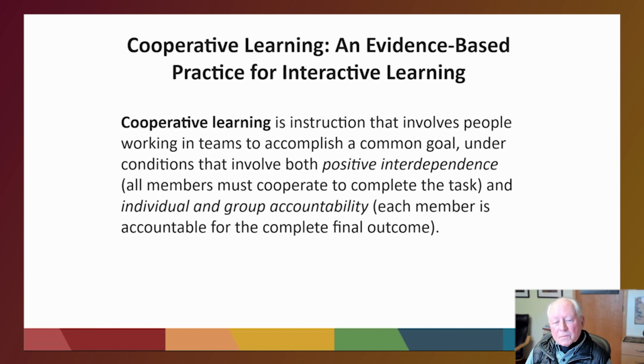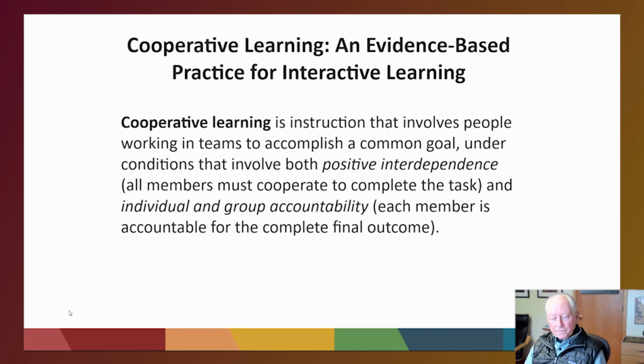It's sometimes a common task, like with capstone groups and things like that. And then there are two key conditions that we're in it together: the positive interdependence and individual and group accountability, which can be operationalized, like we were discussing earlier, by randomly calling on people, by doing individual exams, by structuring roles that have accountability.